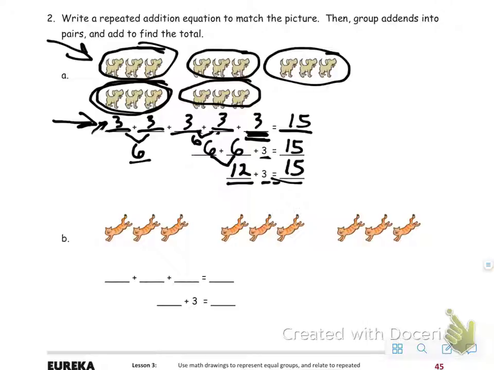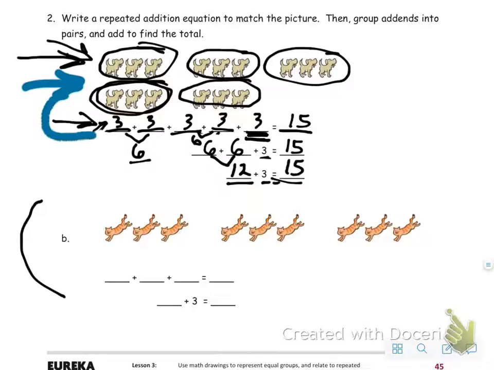All right, so I'm going to leave this one right here for you to do completely on your own. So remember that first I circled my groups up here. Then I filled in my blanks right here.